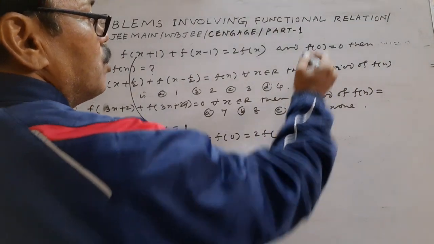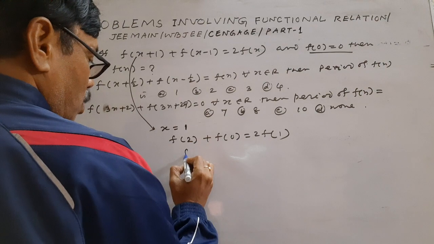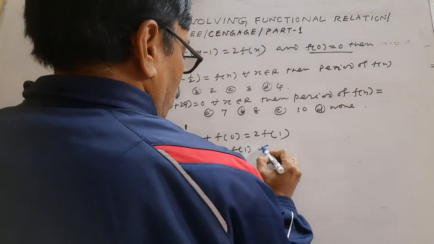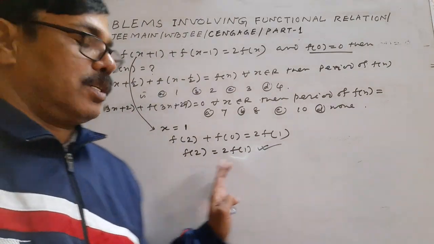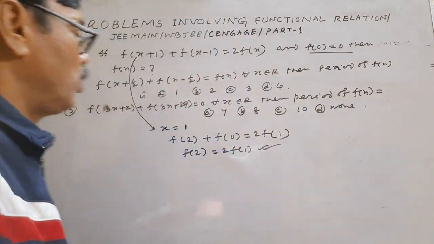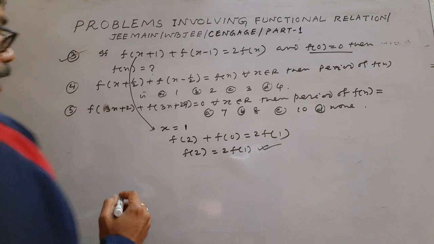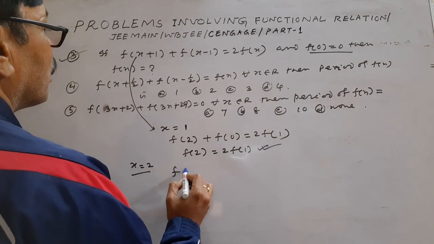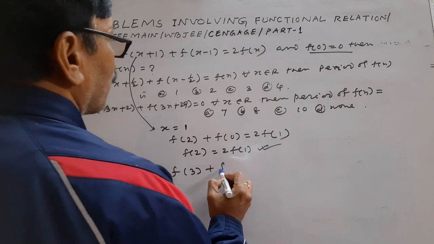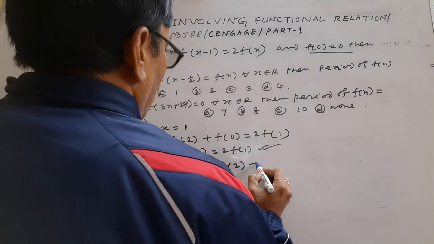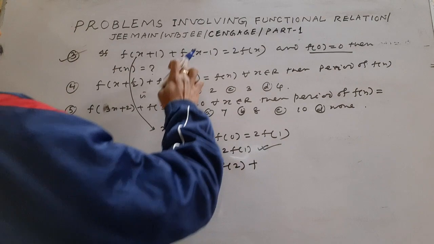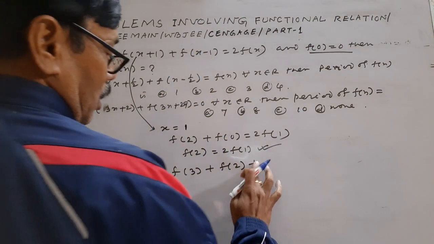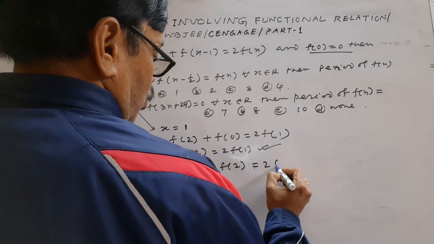Now f(0) is 0, so what we are getting is f(2) equals 2 into f(1). Now if we put x equals 2, so what we are getting, f(3) plus f(1) equals 2f(2). Then x equals 3.